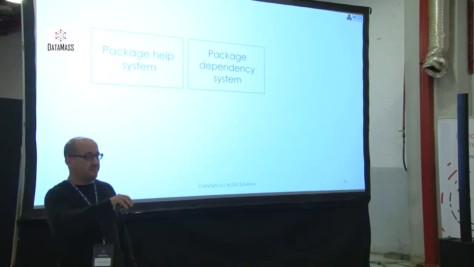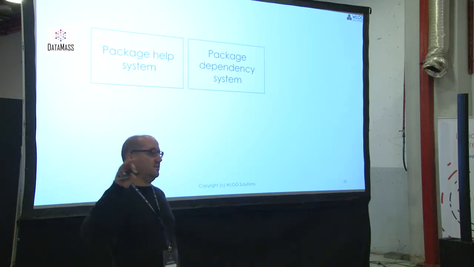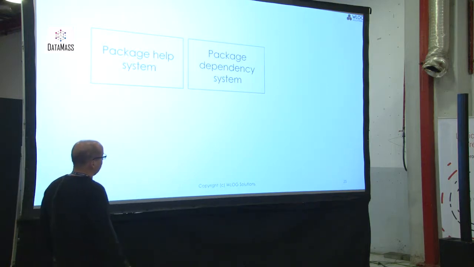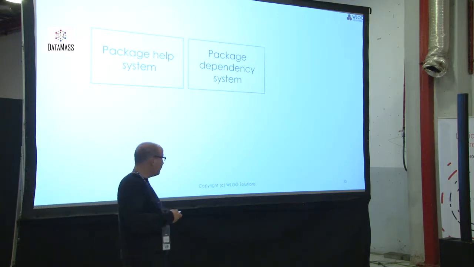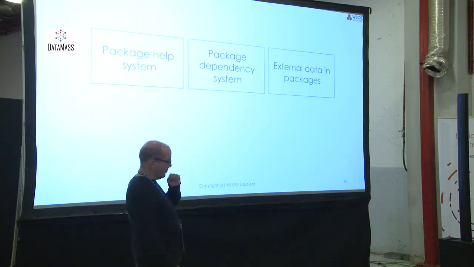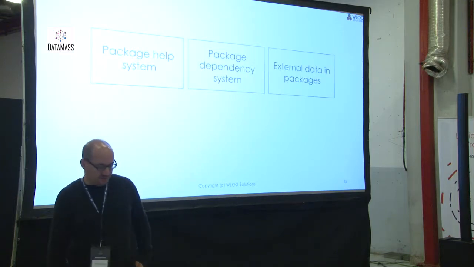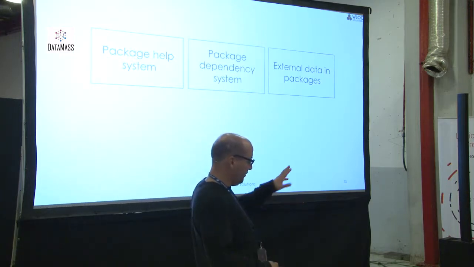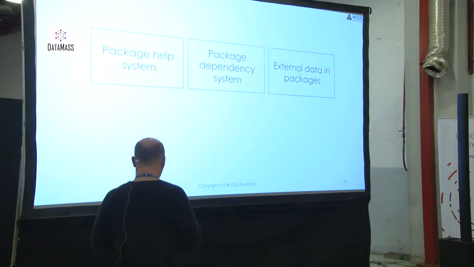So you can say that my package depends on another package in version 2.5 exactly, or 2.5.5 and later. You can also store some data in packages and give it to someone else, which is sometimes very convenient.